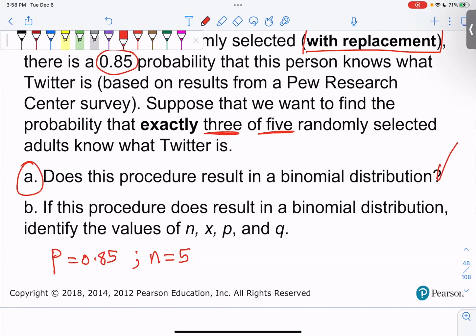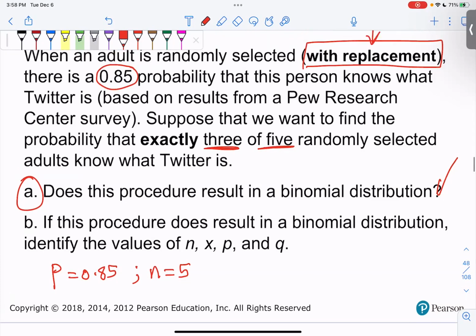Now they are asking you about n, x, p, and q. So probability equals 0.85, clear, and n equals 5. So what about x? What's the value of x here? Yes, it's 3.